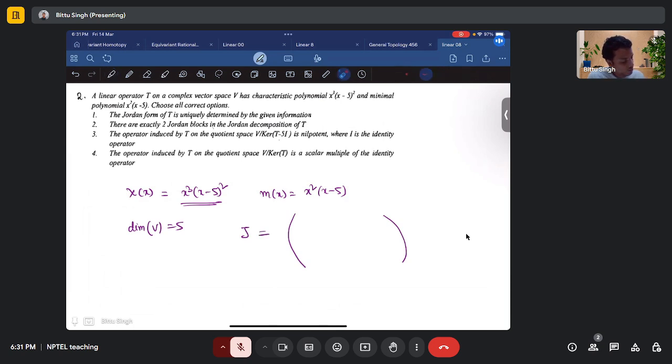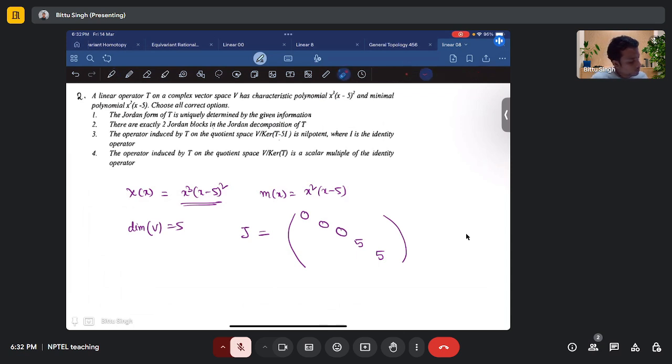We note that 3 must appear 3 times, and 0. This is x minus 0 and x minus 5, that's why 5 must appear 2 times because the degree is 2. So 0 must appear 3 times, and the other eigenvalue 5 must appear 2 times. This information is found from the characteristic polynomial.